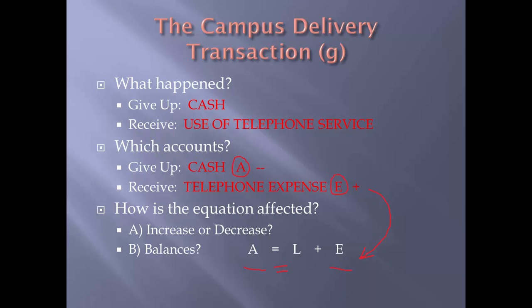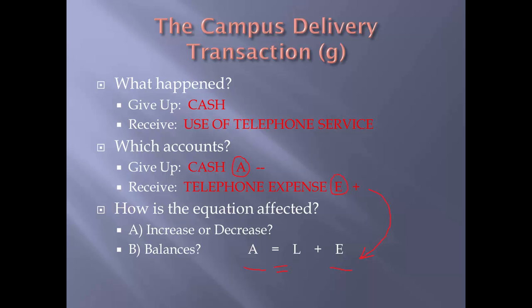Now I ask my increases or decreases. Do we have more or less cash than we did 5 minutes ago? We have less. Do we have more or less use of the telephone service? We have more. So I have a minus under cash and a plus next to telephone expense.